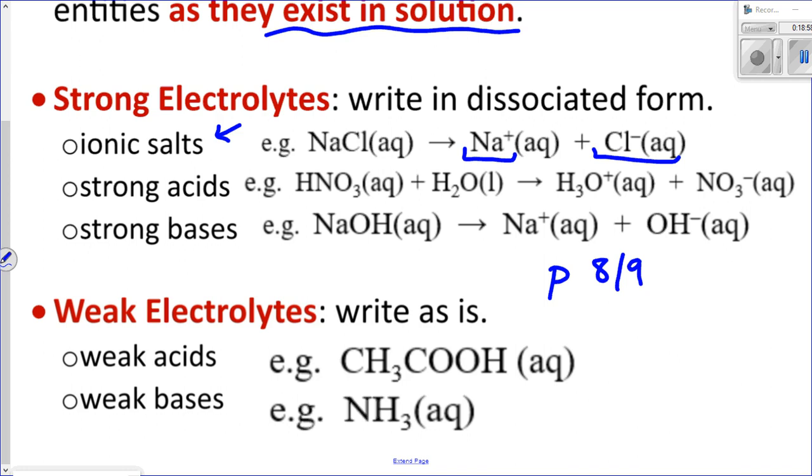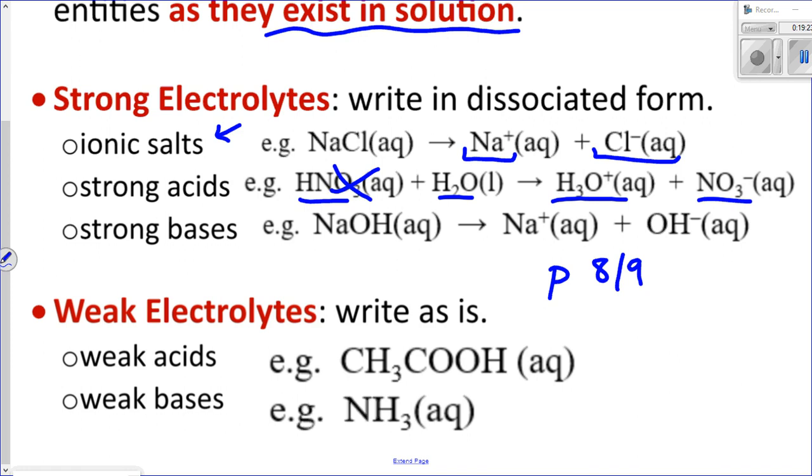If it's any of those 6, we list these entities. We know that it would react with water, so I'm going to list H3O plus and the anion. Those are the entities that we will list in solution. We are not listing the acid written as itself. We're listing the product entities in solution.